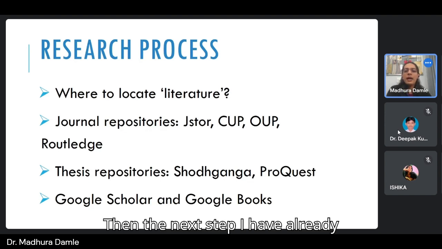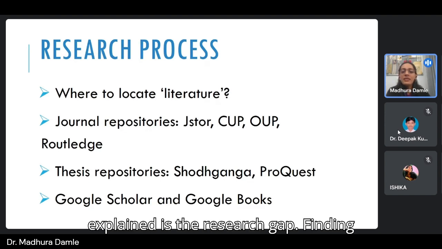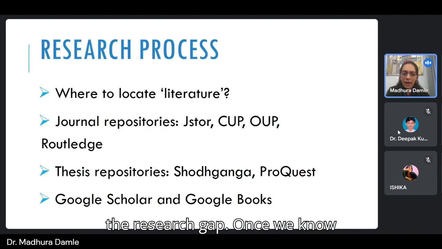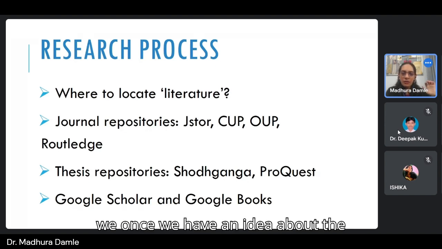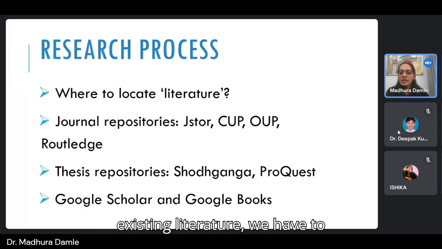Then the next step I have already explained is the research gap, finding the research gap. Once we have an idea about the existing literature, we have to identify research gap.